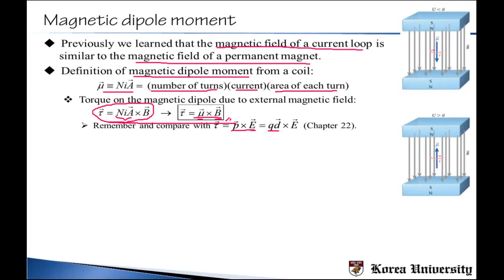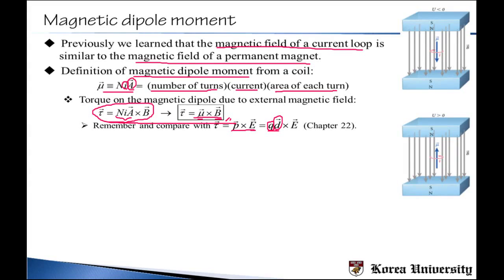So now, when you compare the electric dipole moment and the magnetic dipole moment, instead of Q in the electric dipole moment, you have I current in the magnetic dipole moment, and instead of this displacement vector in the electric dipole moment, you have an area vector in the magnetic dipole moment.